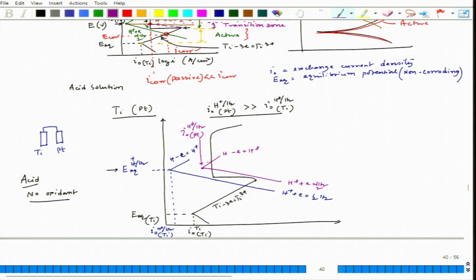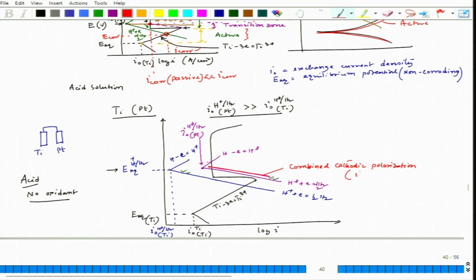Since it is a mixed potential, we have to add up this current with this current density, and this is on the current density axis, log I. So, if we add it up, it will go like this, or let me put a different color. So, red color. This is my combined cathodic polarization.